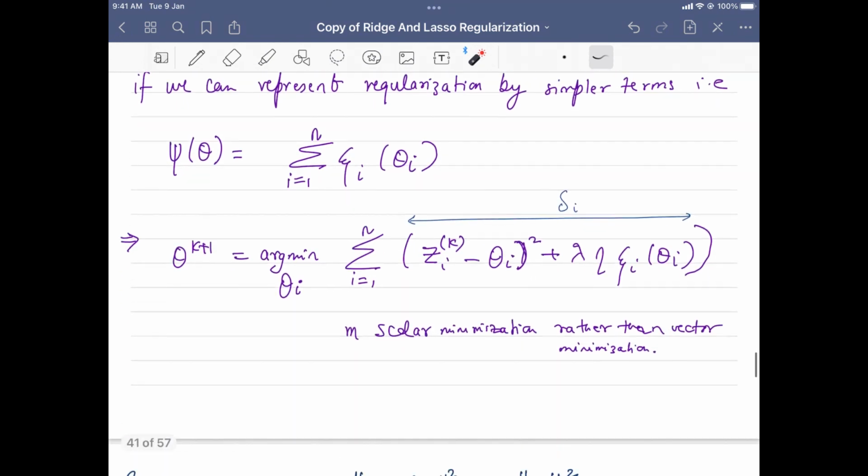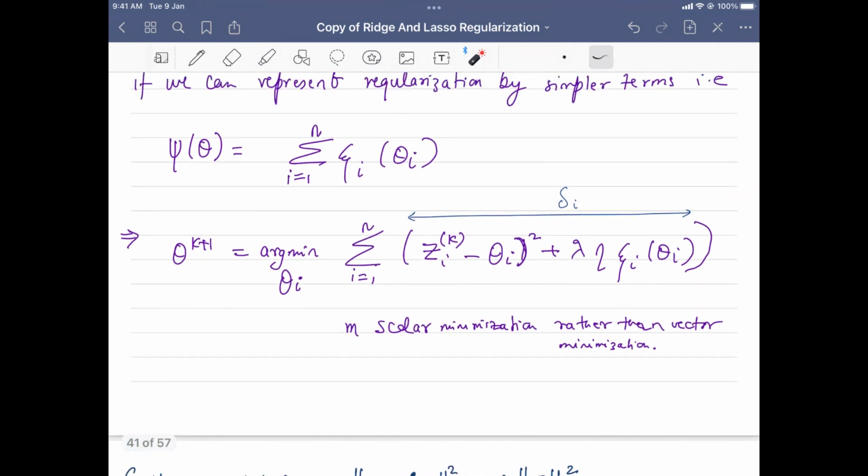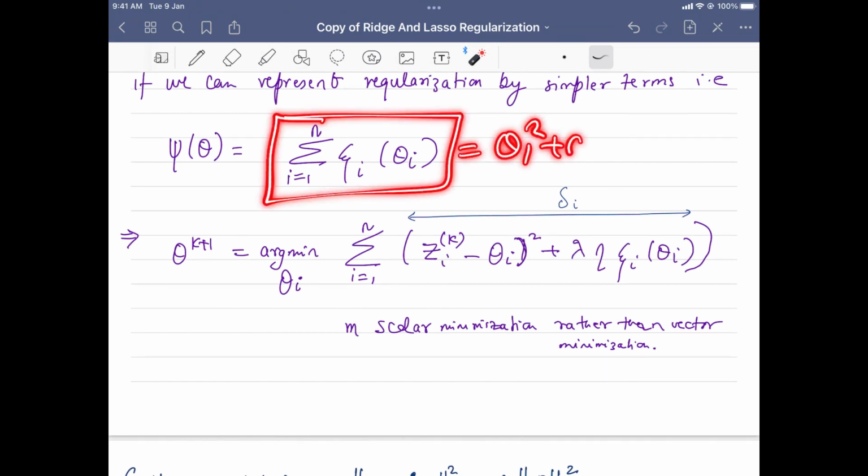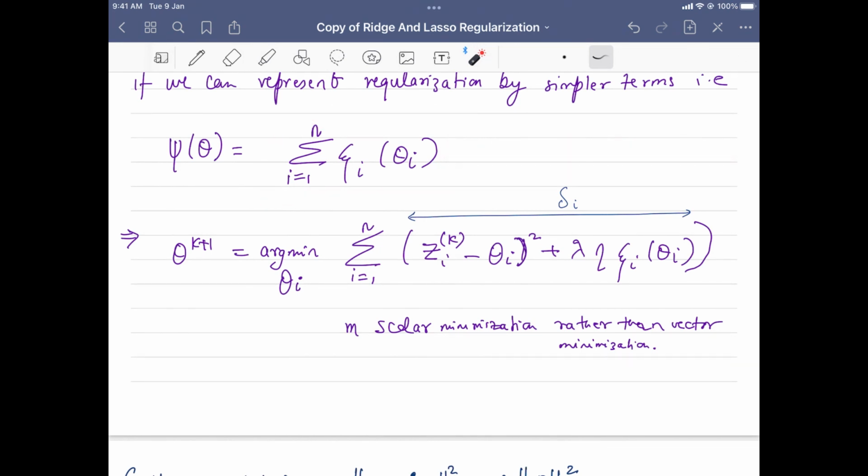So that is why we can write it as z i, which is the individual component, theta i, the individual component of theta, lambda times eta, and then xi i of theta i is this expression. So I am writing phi of theta as the summation of xi i of theta i. This is nothing but theta 1 square plus theta 2 square plus theta 3 square, all that type of stuff. So it is a compact way of representing it.